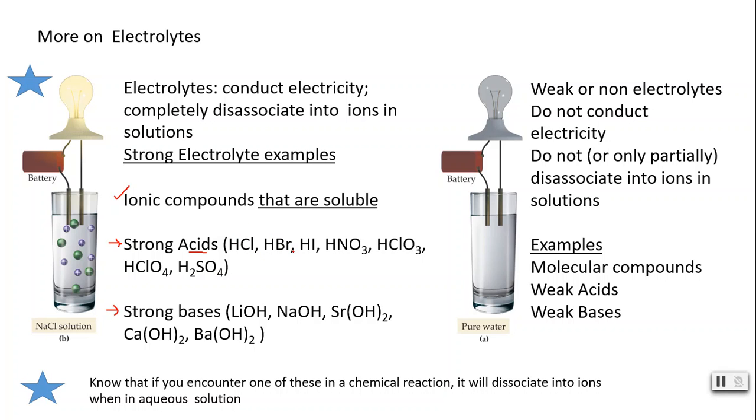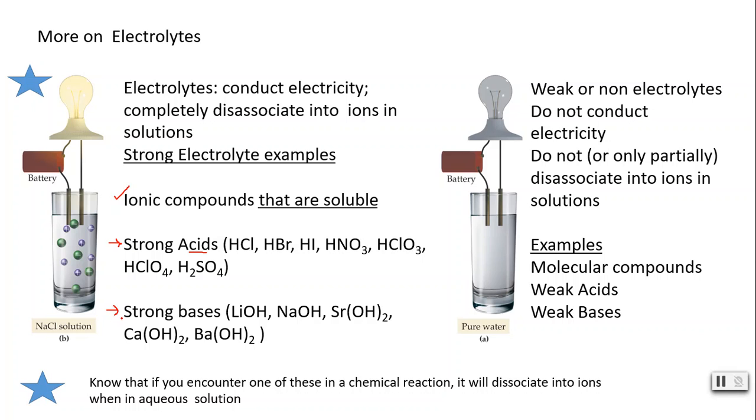Some of these acids are binary, some of them are oxyacids, but this list of strong acids shown here, these are acids that are strong electrolytes. And for purposes of this course, that means that when I have HCl or HBr or any of these dissolved in water, they completely break apart into their cations and anions.